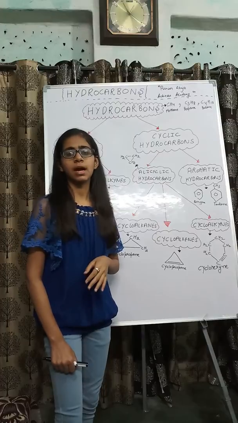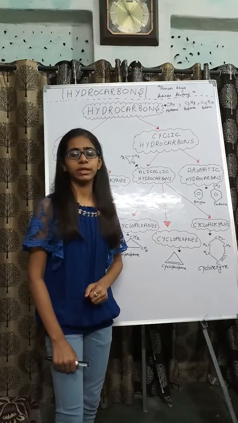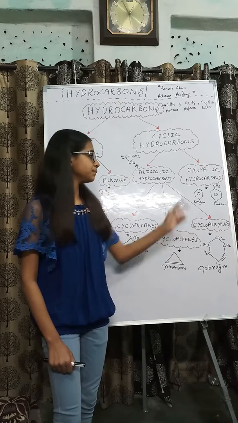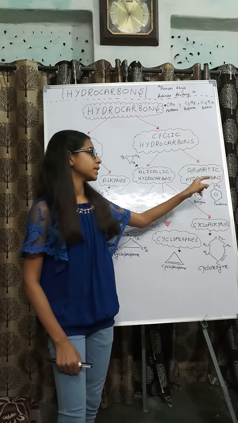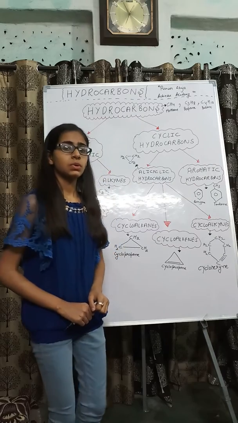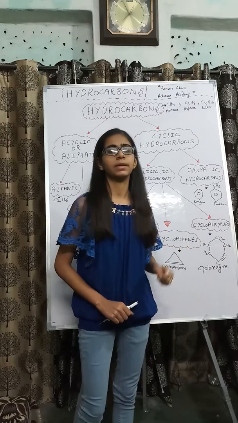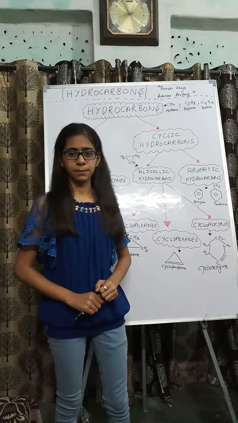Aromatic hydrocarbons are those types of hydrocarbons which contain a benzene ring in a closed chain of carbon atoms. For example, benzene and toluene. In toluene, there is a methyl group attached to the benzene ring. So as these compounds contain a benzene ring, these are examples of aromatic hydrocarbons.